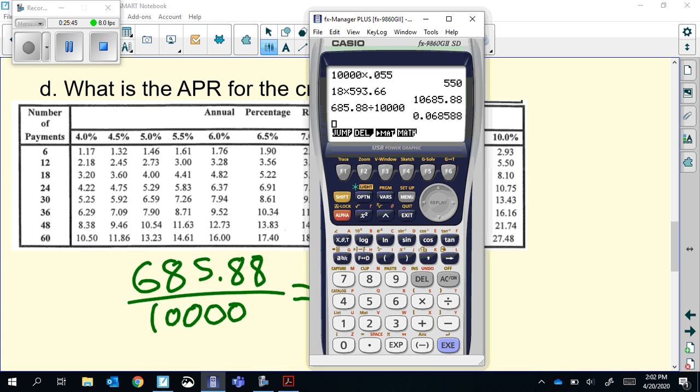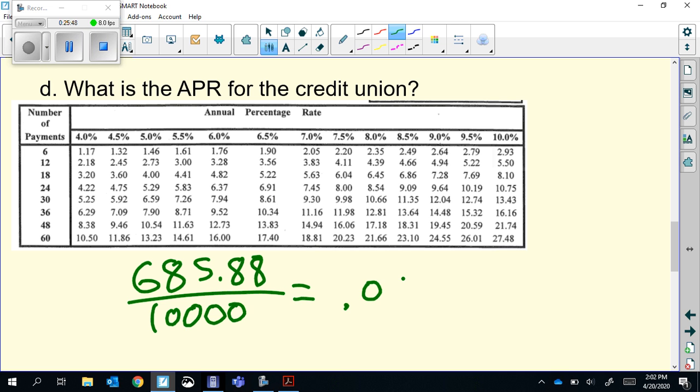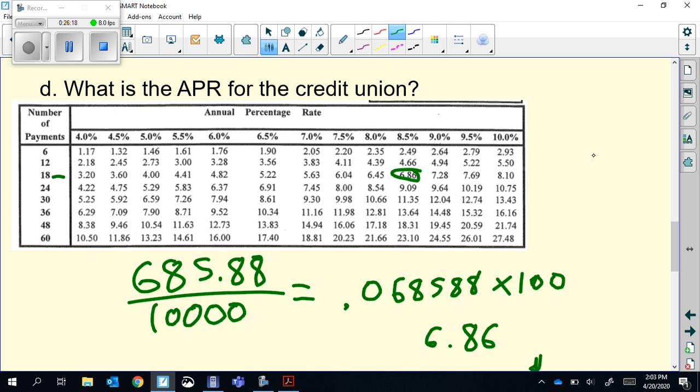It's 0.068588. Times 100 to change that to a percent. So that's 6.86. This was 18 months. 6.86. Perfect. That's 8.5%.